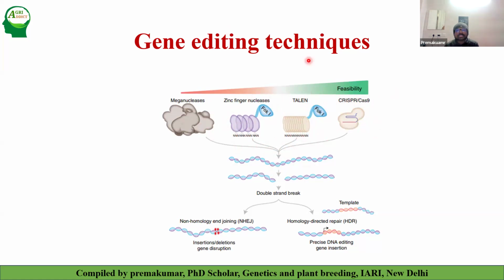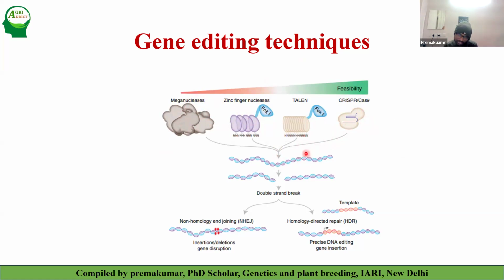Then its off targets are very few. What are off targets? You have designed either a meganuclease, zinc finger nuclease, TALEN, or CRISPR-Cas9 to target a particular site. But instead of this site, it may also target another site.